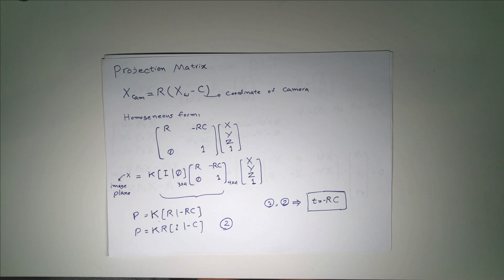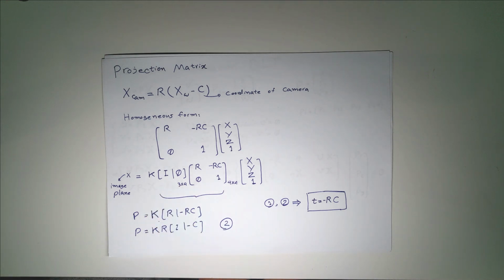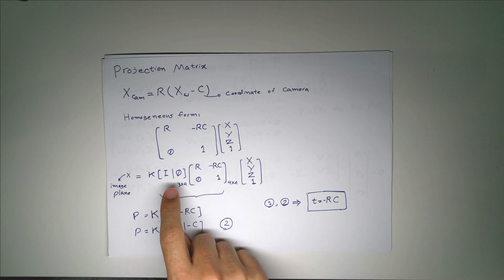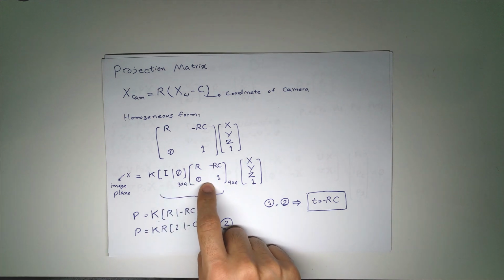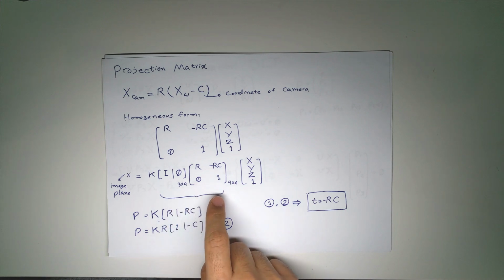Now let's multiply it by the camera matrix that we had earlier to get it in the image plane. So now if I multiply this by this, let's see what I will get.